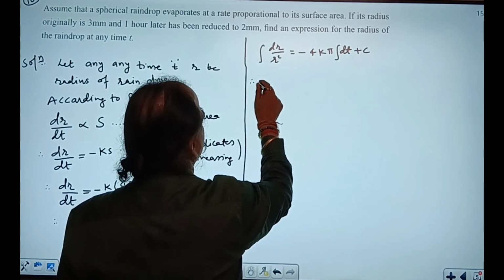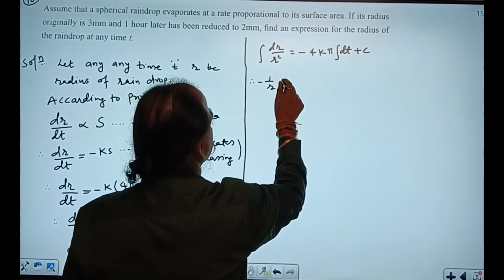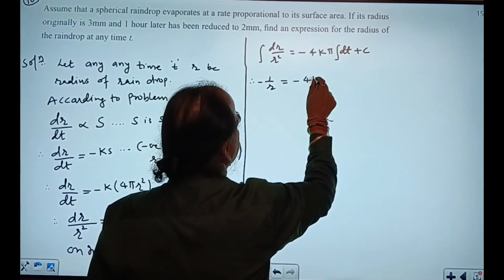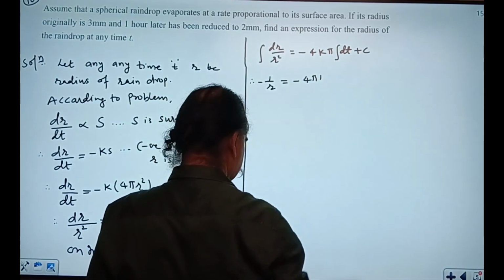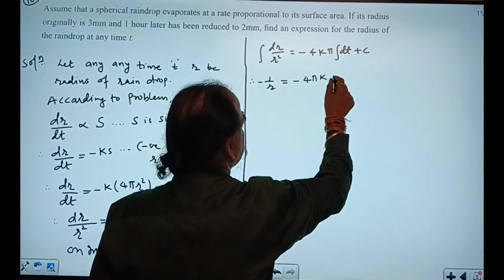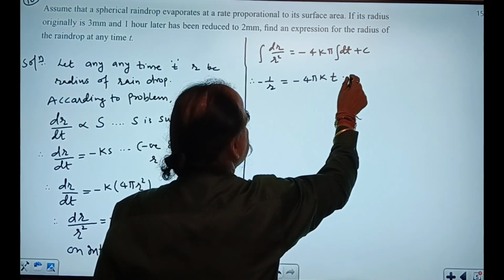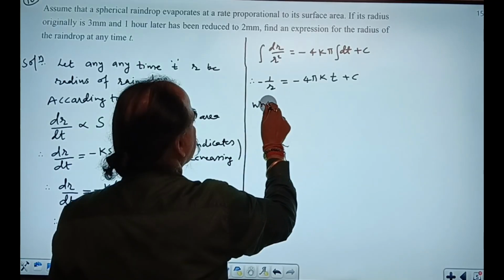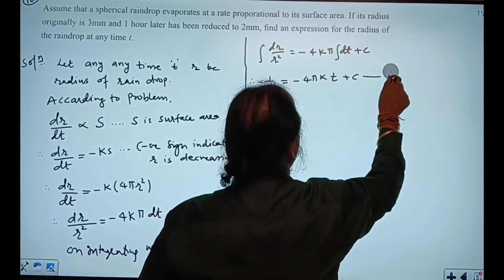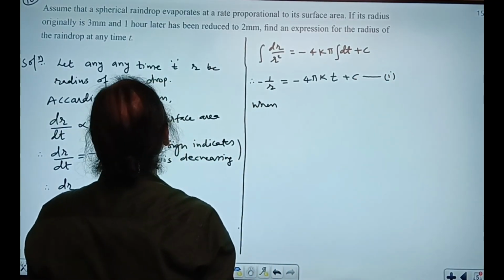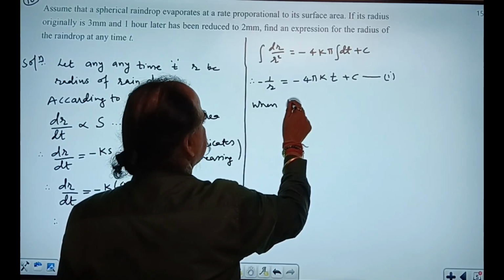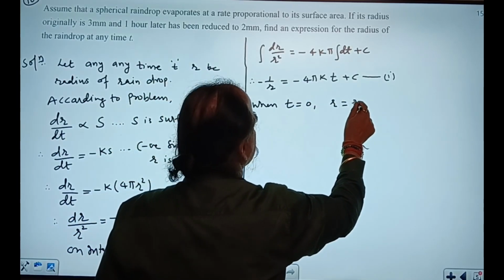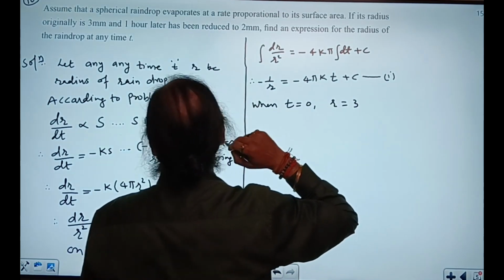So minus 1 by r is equal to minus 4k pi t plus c, when time is 0, r is what? 3 millimeter.